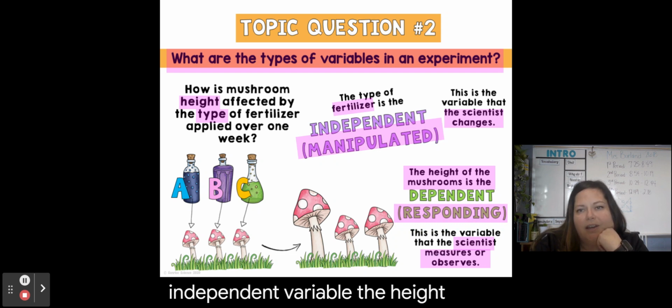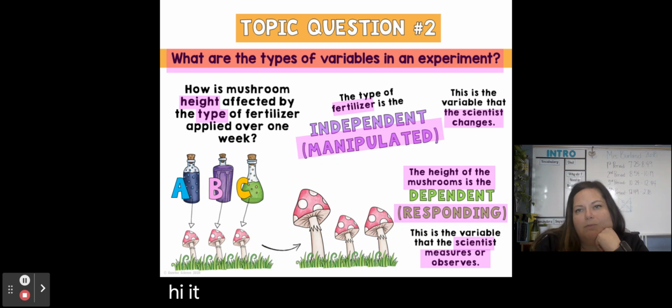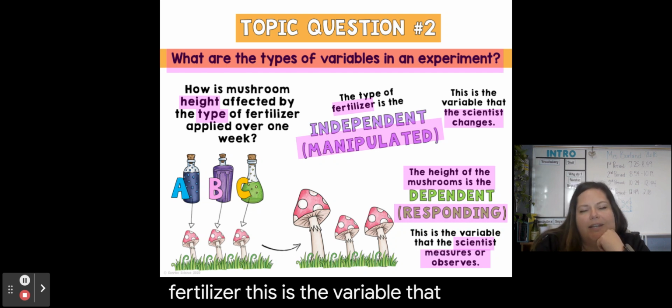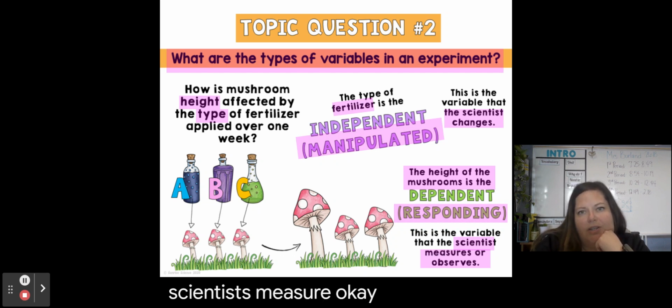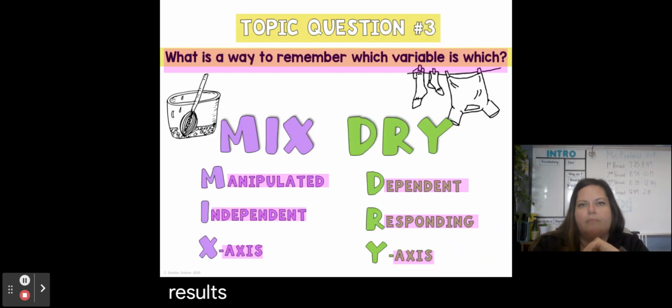The height of the mushroom is the dependent variable. It is responding to the type of fertilizer. This is the variable that scientists measure. So independent, we manipulate. Dependent is the measure or the results.